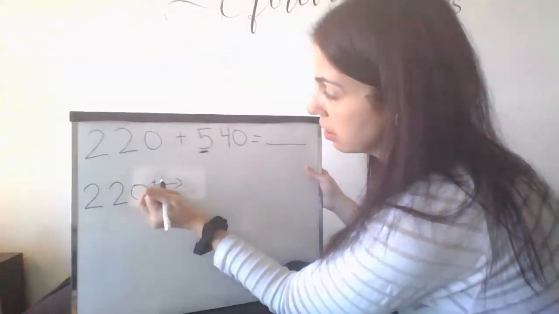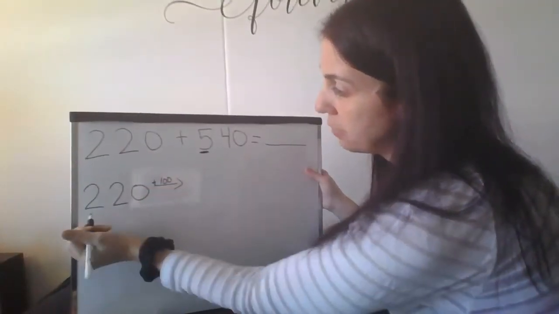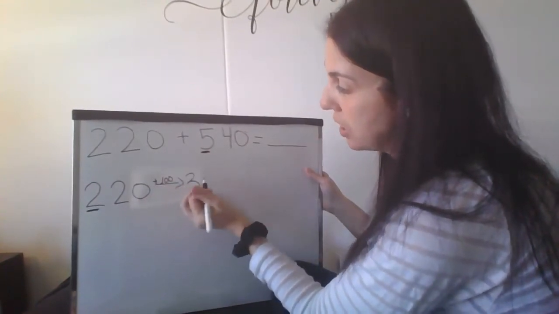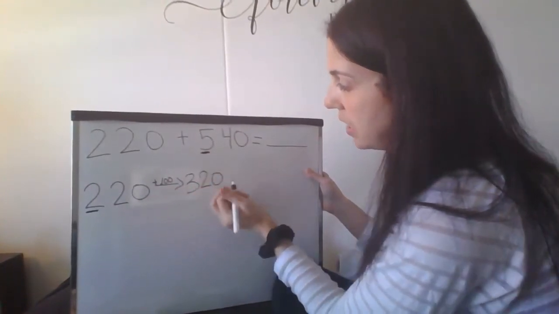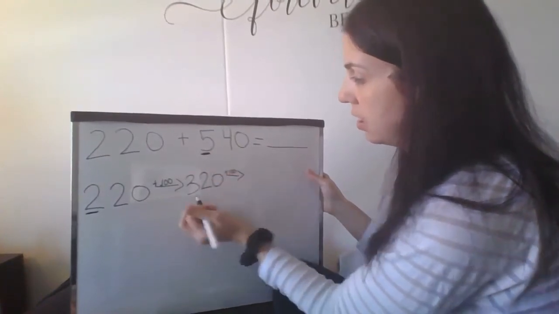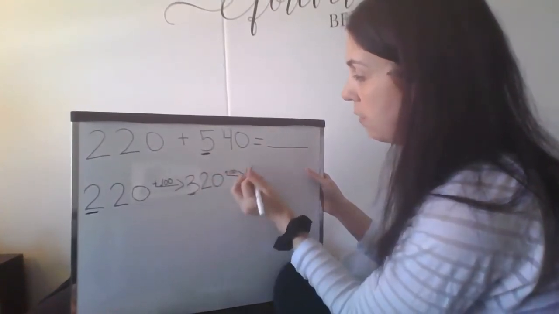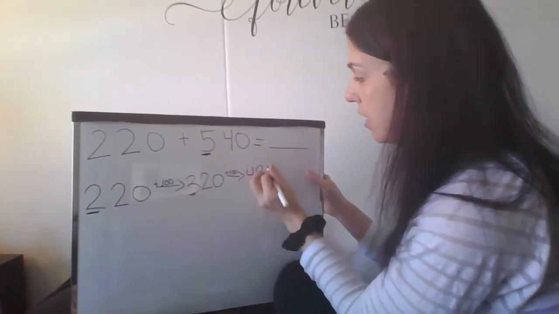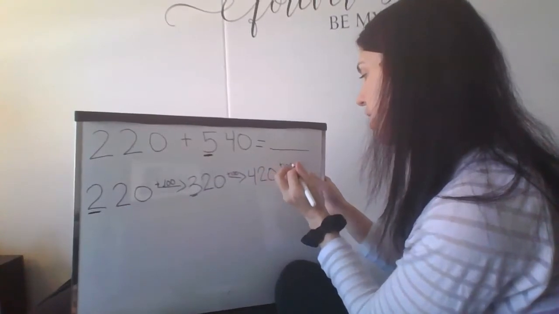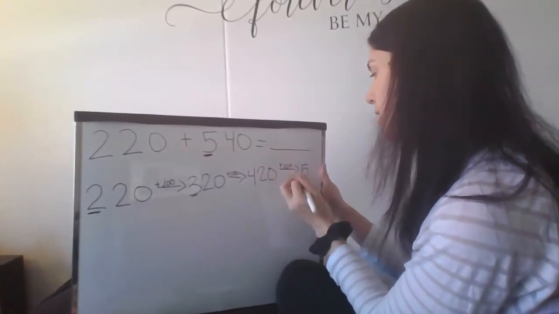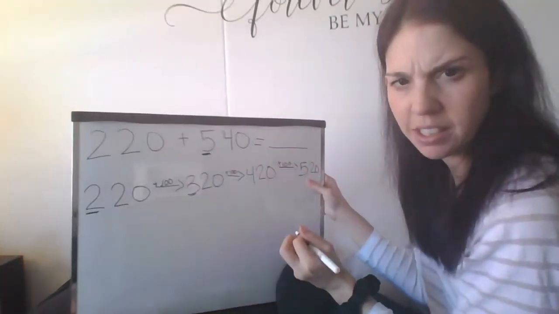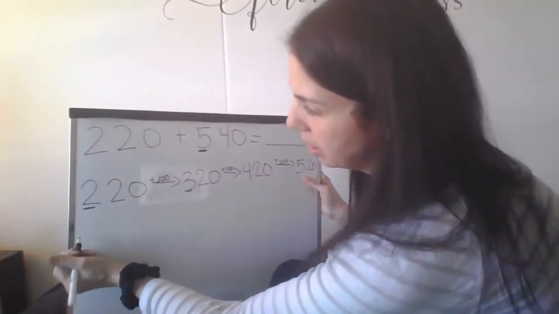So plus 100 is going to give me 320, plus 100 is going to give me 420, plus 100 is going to give me 520, and I'm going to continue it because we're going to come down here.